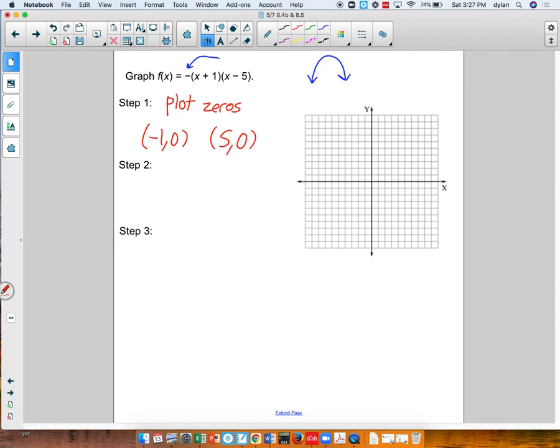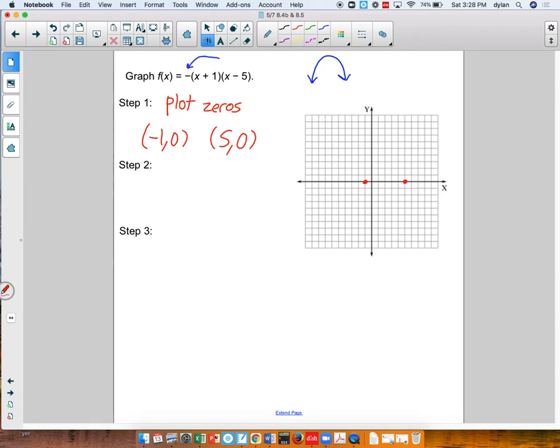And it's important to remember that they're always going to be opposite of what you see in the factors because of our form x minus p and x minus q. So in this case, p is negative 1 and q is 5. I apologize, I spoke too quickly there. So if I put in my factors here, I'm going to plot negative 1 comma 0 and 5 comma 0.